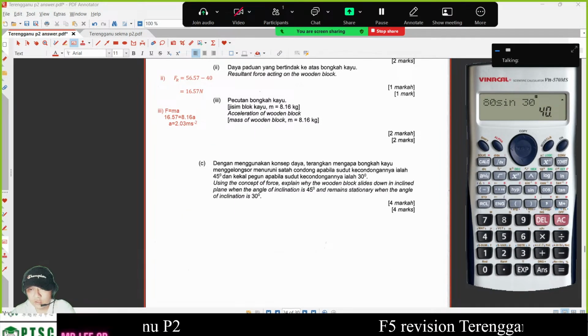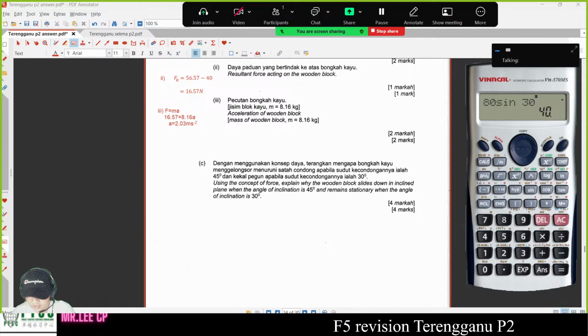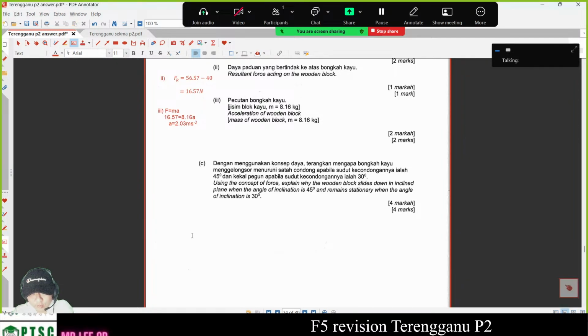Now, using the concept of force, explain why the wooden block slides down the inclined plane. So this one might be 2 marks. Okay?